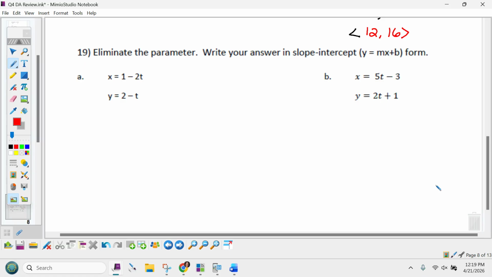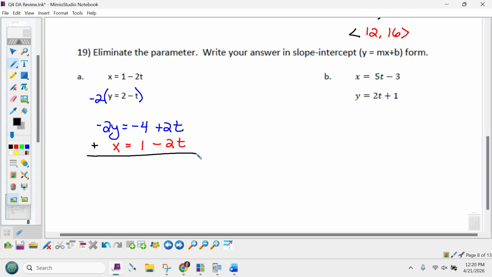Eliminate the parameter, write your answer in slope-intercept form, meaning isolate the y. Okay. I still am going to use elimination method. So I will multiply the y equation here by negative 2 so that I get a positive 2t coefficient, which will eliminate with the negative 2t in the x equation.